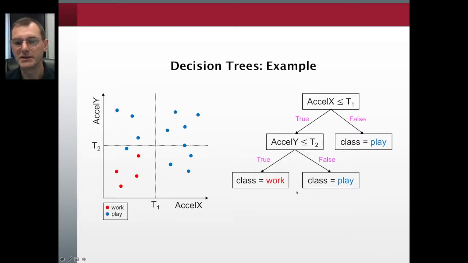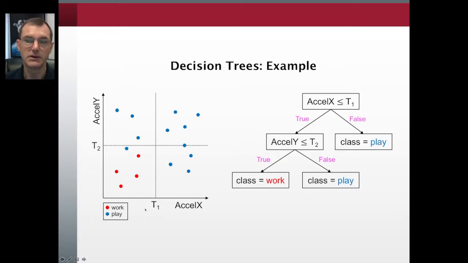So here is one possible decision tree that we could learn for this data. Basically it's asking questions about the different features and their values and then making a prediction at some point as we move down the tree. First it is asking if the x acceleration is less than or greater than this t1 threshold.